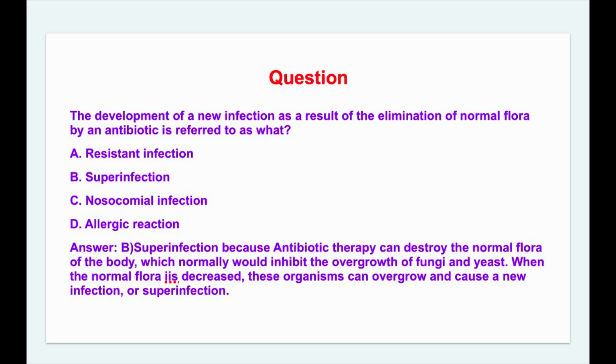We already went over the antibiotic overview. Now is the time for the practice questions. Question number 1: the development of a new infection as a result of elimination of normal flora by the antibiotic is referred to as what?